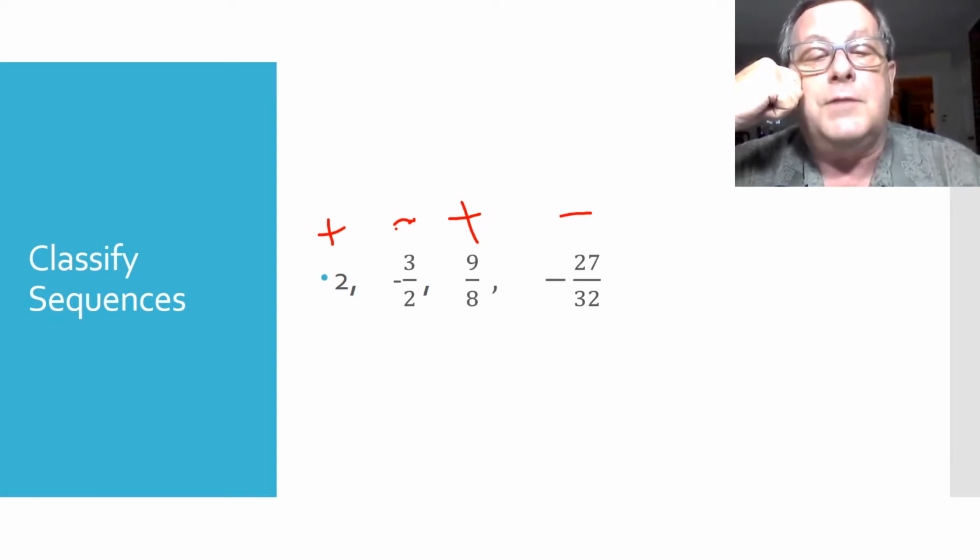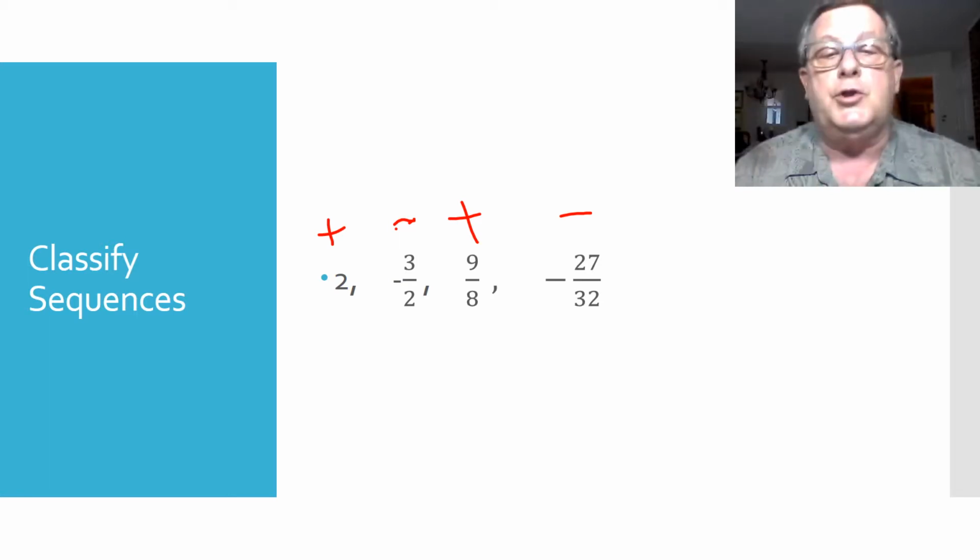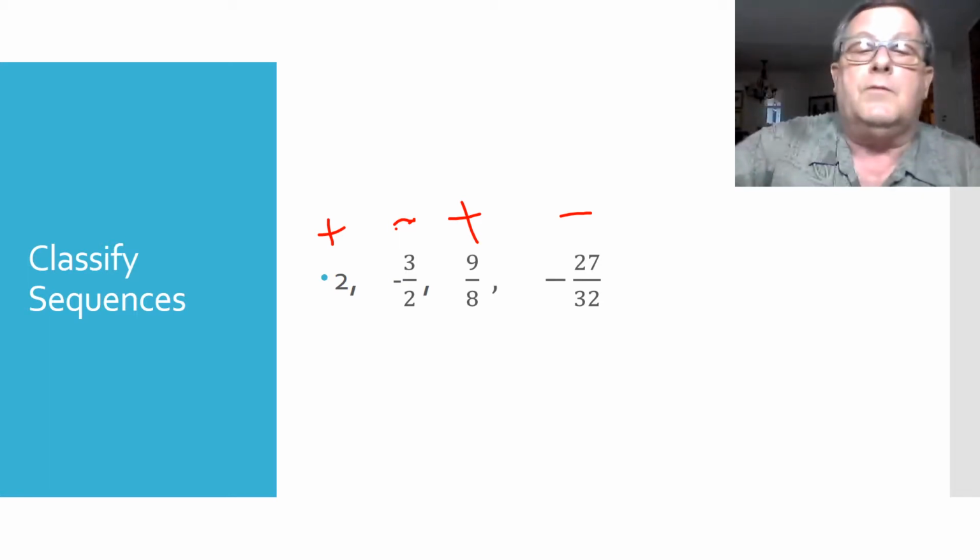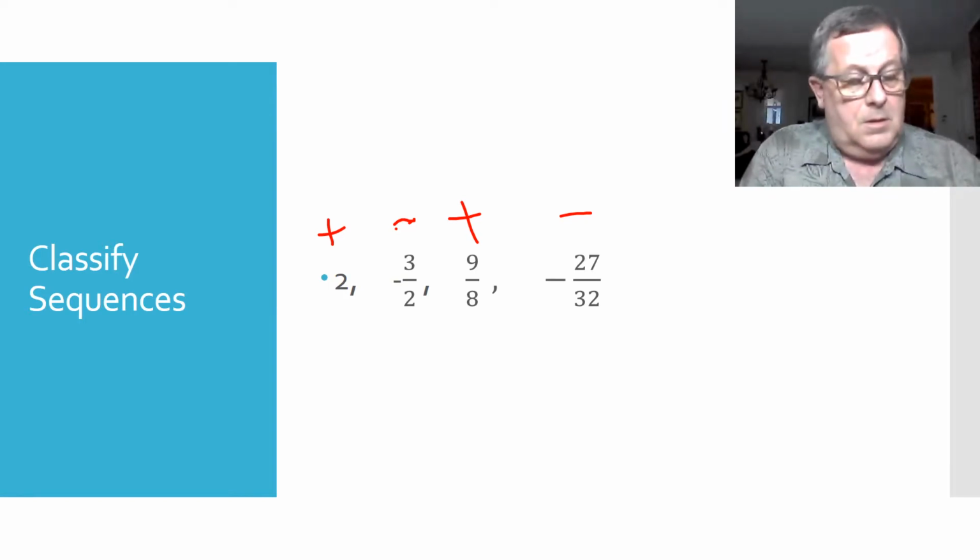So if I want then to determine if it's a geometric sequence, then I'm going to need to start by dividing this -3/2 by 2. Let's see what we get when we do that. And I'm going to remember to put this in parentheses.